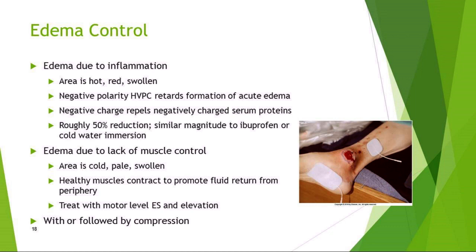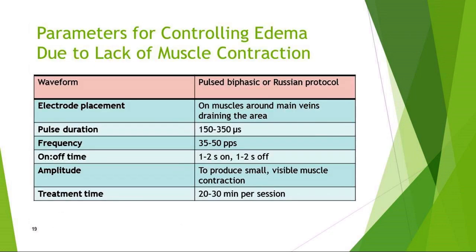If you have edema due to lack of muscle control, instead of being hot, red, and swollen, the area is often cold, pale, and swollen. Healthy muscles contract to promote fluid return from the periphery. This is what you want to treat with motor level electrical stim and elevation, along with or followed by compression.